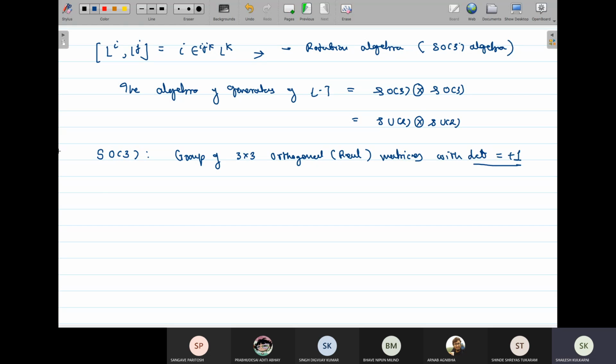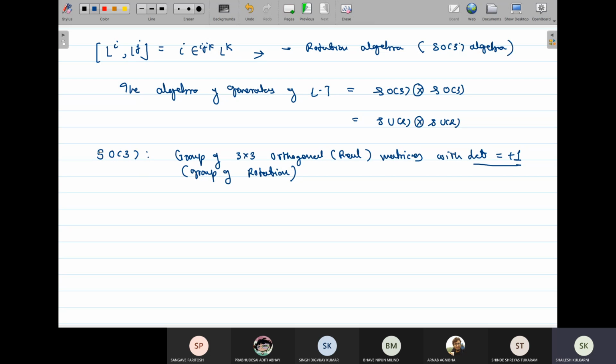This is the group of rotation. Rotation matrices fall under this category. Basically, the set of all rotation matrices forms a group, if you exclude parity, that is, space inversion, because for space inversion the determinant will be -1, so that is not S here.